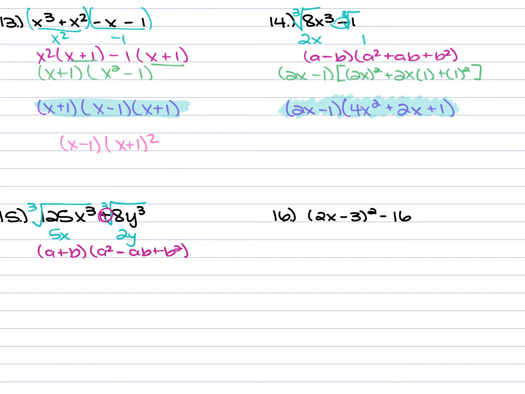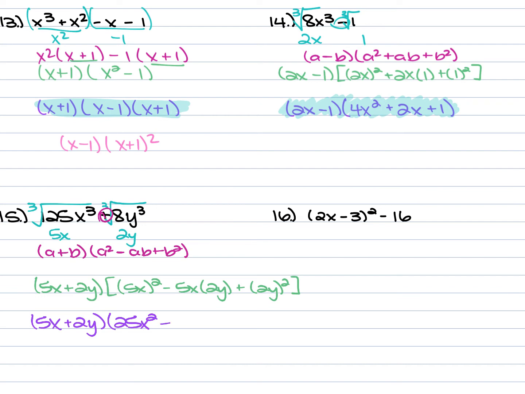Plugging our values in, this is going to give us 5x plus 2y times 5x to the second power minus 5x times 2y plus 2y to the second power. If we simplify this, we are left with 5x plus 2y times 25x squared minus 10xy plus 4y squared.